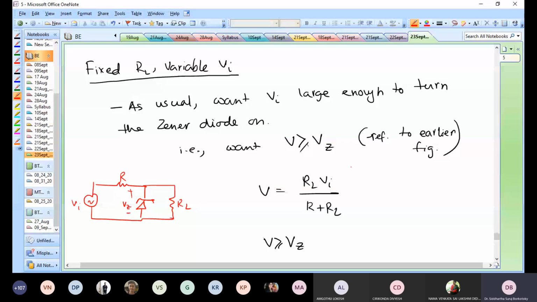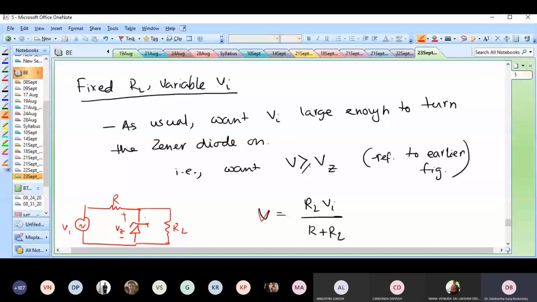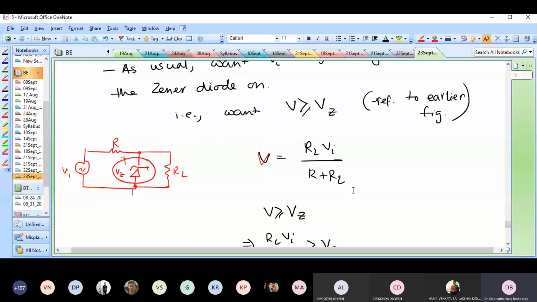So that Vz I'll be given, but also I know this voltage V. If you remove this part, then you'll have some voltage V developing across the two terminals of the diode. That voltage, as we have discussed many times so far, would be equal to RL times Vi by R plus RL, right?